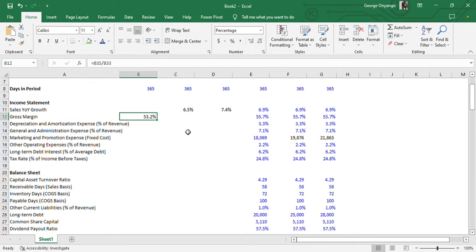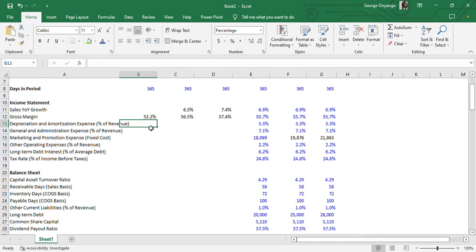For the year 2010, we can see that the gross margin was 53.2%. We fill that right and we get the one for 2011 and 2012. And as you can see, this company is predicting that in the next 3 years their gross margin will be 55.7.